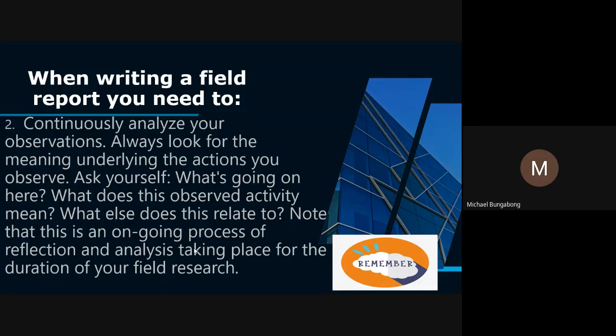So ask yourself, what's going on here? And then find the answer to your question. What does this observed activity mean? Diba? These are the guide questions, class, that will lead to the answer. Tama? What else does this relate to? Note that this is an ongoing process of reflection and analysis taking place for the duration of your field research.